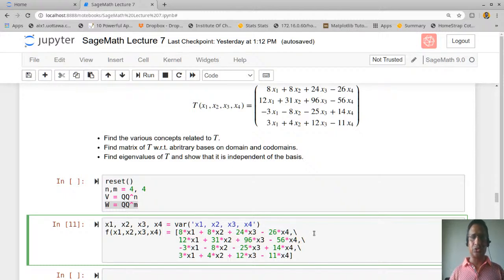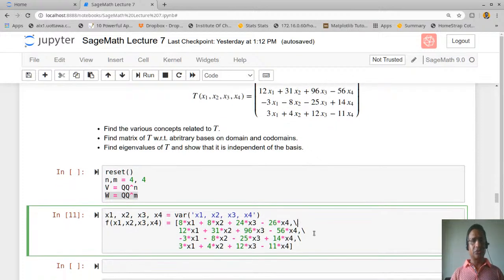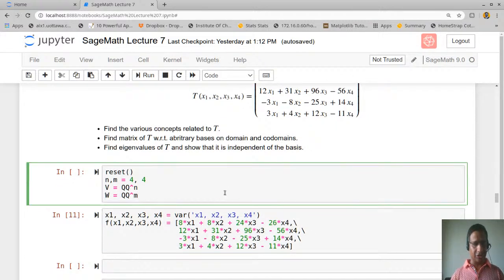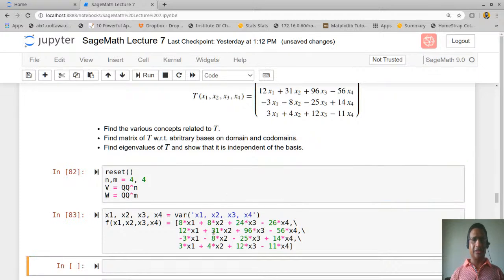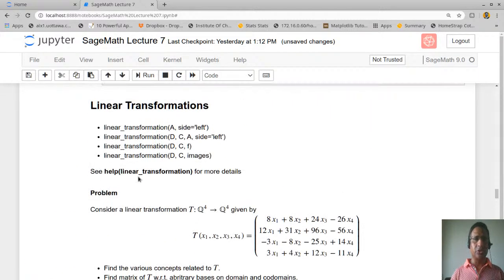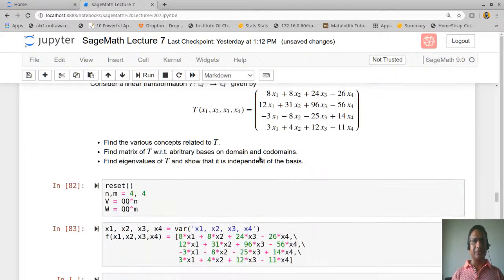In the next line it is shown, otherwise everything will be in a single line, which will be difficult to visualize. That is why we use this backslash, and then press enter. Let us execute this. So we have the image of the linear transformation. We are actually using the third form of this linear transformation.